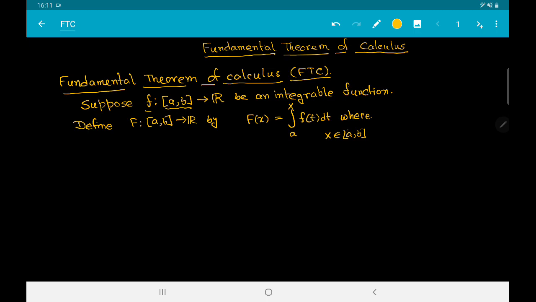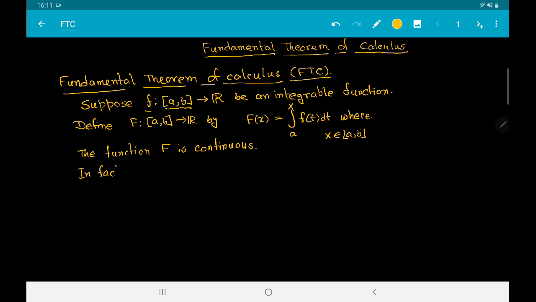But let us first see what the fundamental theorem of calculus says. It says that the function F is continuous. Not only that, it gives us a rather strong statement.